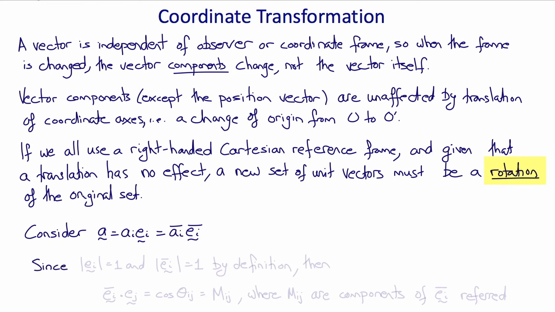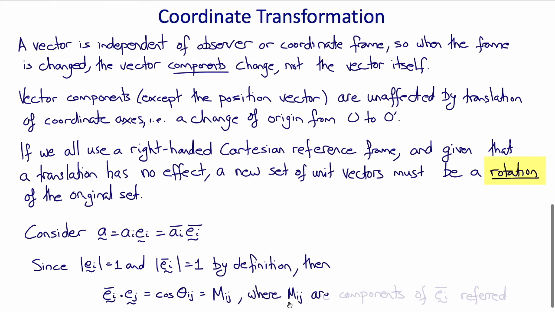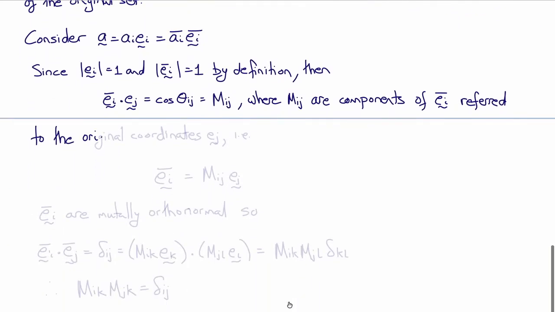Now, since by definition the magnitudes of e_i and e_i bar are 1 because they're unit vectors, then the dot product between them, e_i bar dot e_j, would equal the cosine of the angle between i and j, and since there are 9 combinations, this would be a matrix of angle cosines, where you can think of the components of that matrix as the components of the new unit vectors e_i bar referred to the original coordinates e_j.